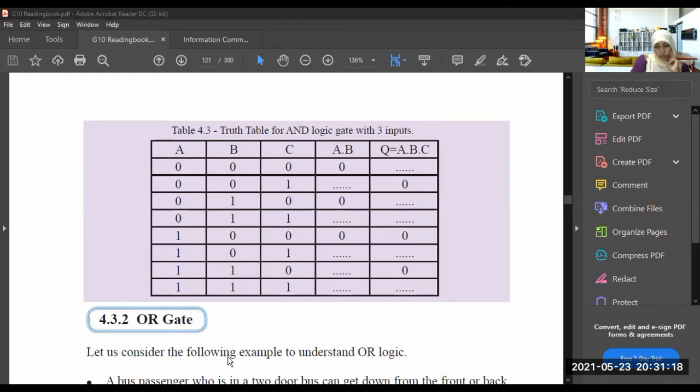I was searching for some questions in the past paper, but there are combinational gates. That's the problem. Doesn't matter.